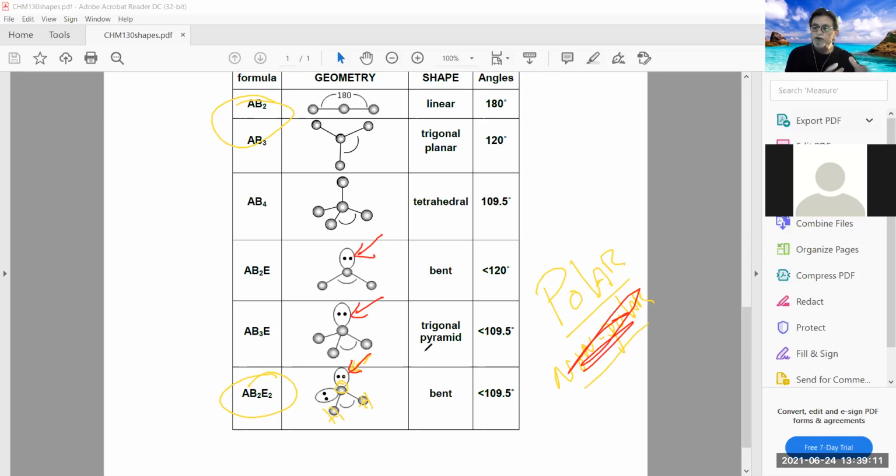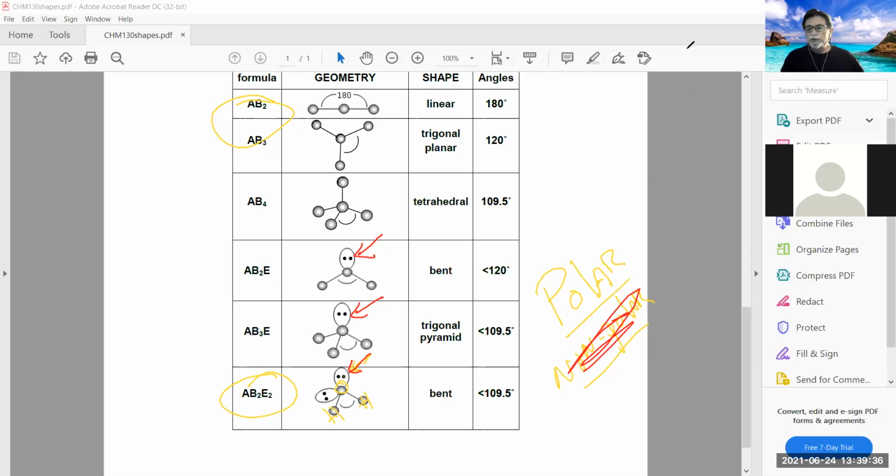And so from the general formula, we end up with a geometry to give you an idea what we're looking at three-dimensionally. And that geometry gives you the shape and then gives you the particular bonds involved. The bond angle has to do with whatever's bonded to the central atom, how they are relative to each other.